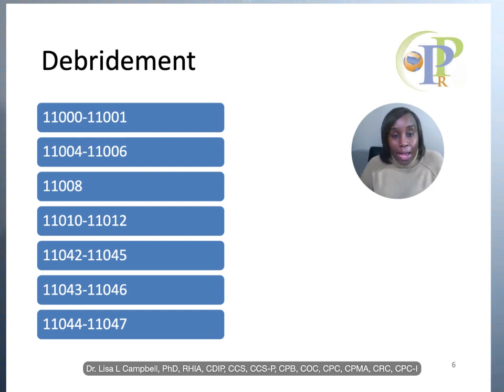Now, as a regular day-to-day coder, I don't bubble or highlight my manual because I've gotten used to the format. But for example, on page 92, 11010 through 11012, that's that debridement code for the site of the open fracture.